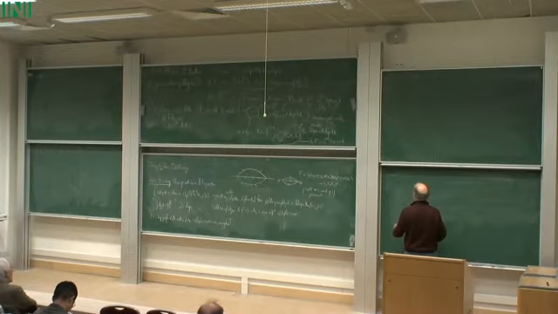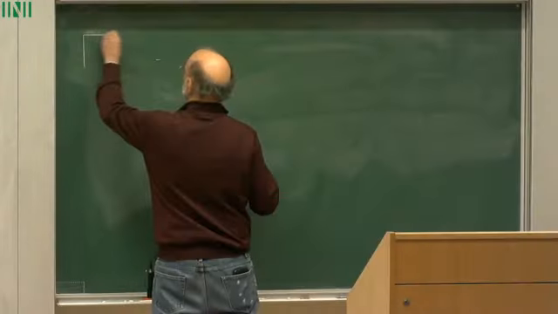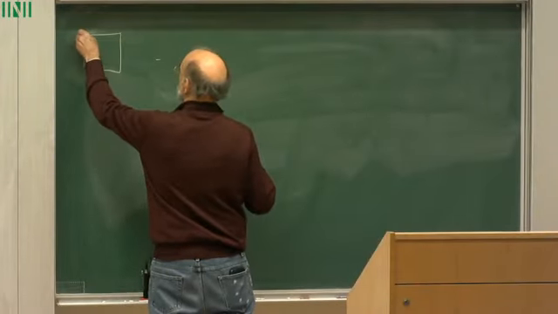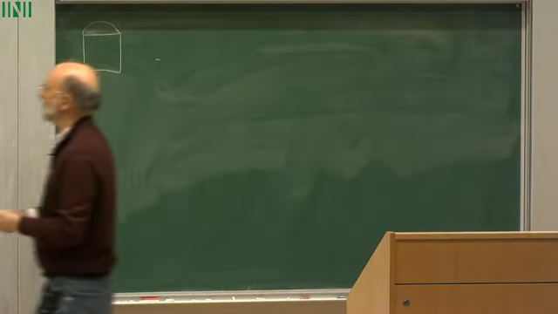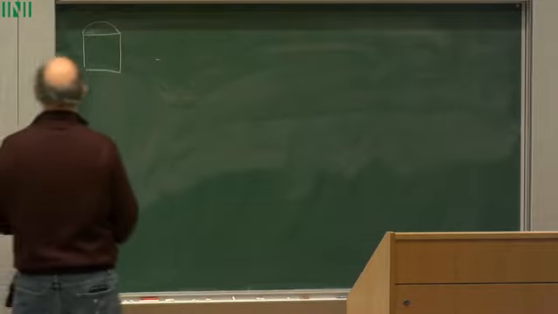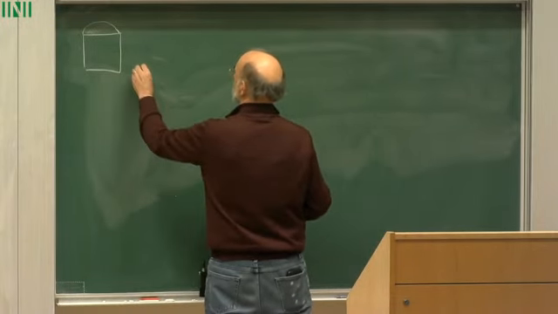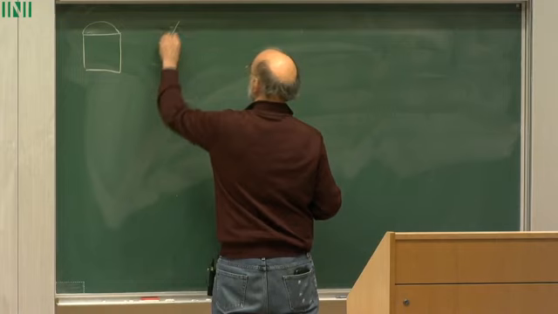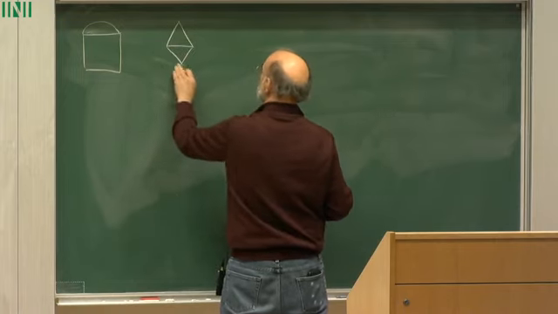So maybe I'll explain by looking at the most, well, let me just draw some pictures here. So here are some examples. First of all, there's this one, which you see is gotten by subdividing into 3 the bottom edge of that. So then the next one is the so-called kite, which is this one.